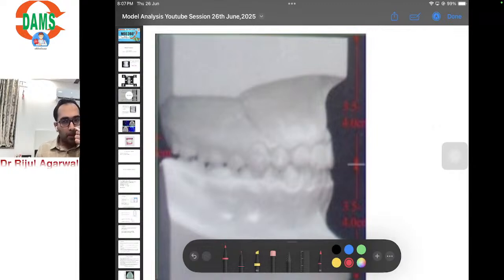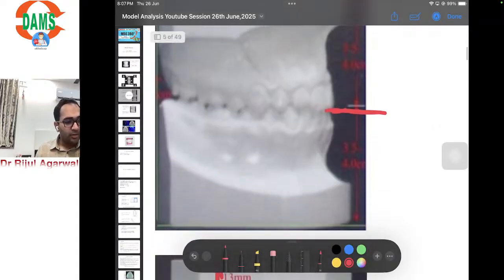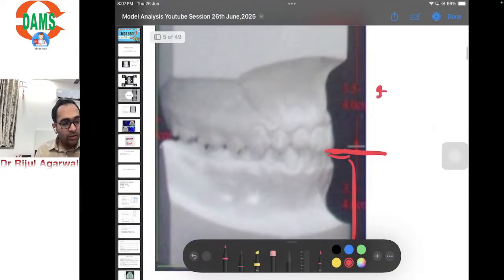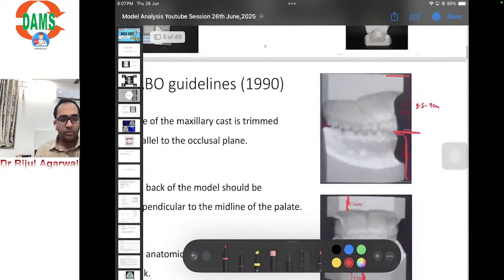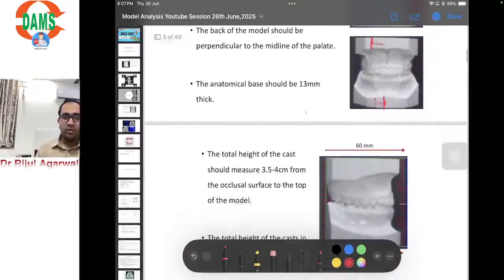Next, the total height of the maxillary and the mandibular cast, both the anatomic and artistic portion, should be between 3.5 to 4 centimeter, out of which 13 mm should be the artistic portion and the rest is the anatomic portion. This is how the model should be trimmed and made.